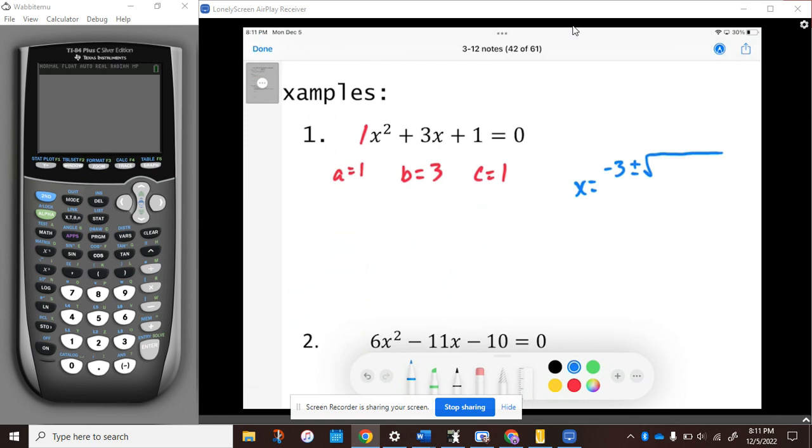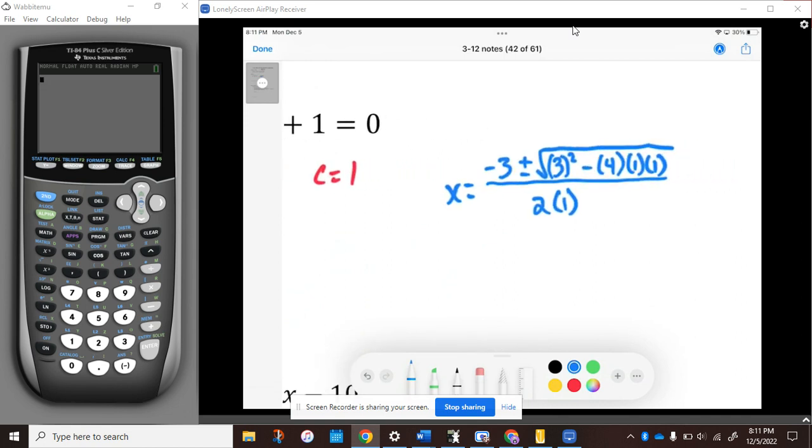Underneath the square root, we have b squared, so that's 3 squared, minus 4 times 1 times 1, that's a times c, right? And then that whole thing is divided by 2a, which is 2 times 1.